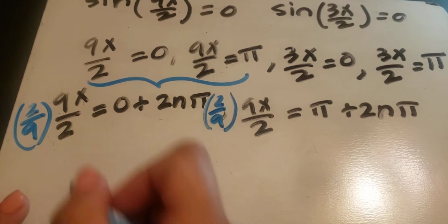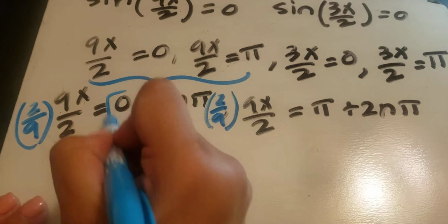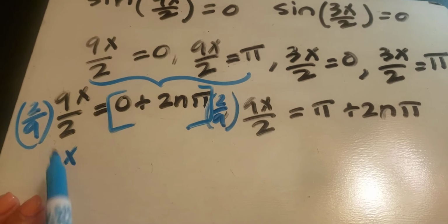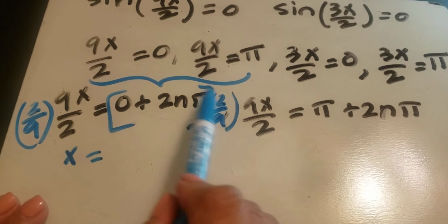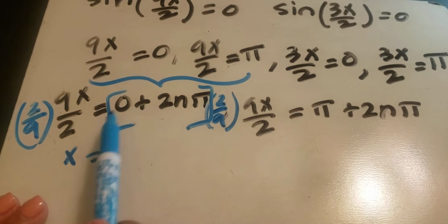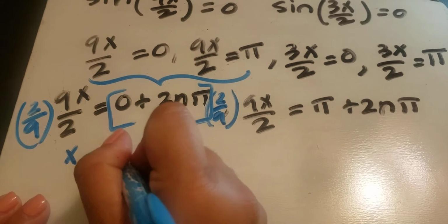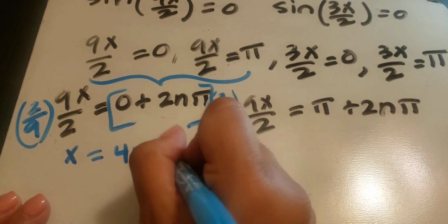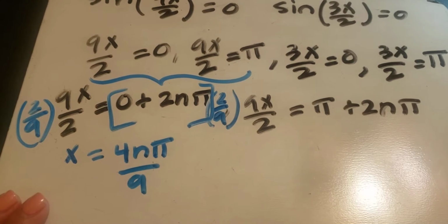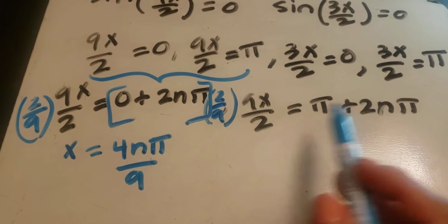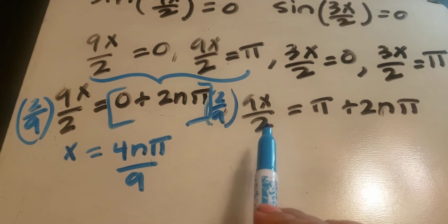Okay. So basically now what I'm going to have, by the way, I'm multiplying to everything. So if I distribute 0 times 2/9, that's just going to give me 0. So I can just cancel that out. And then this will give me 4n pi/9. Okay. And then I'm going to basically do the same thing here because I'm trying to isolate x.